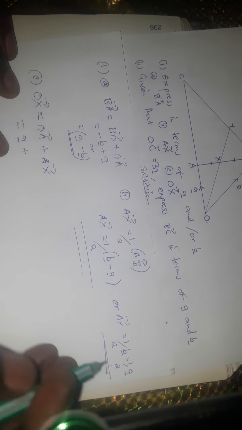So we already know what our OA is, as indicated in the diagram. OA is vector A plus our AX, which is now, we can pick any of these because they're the same. So I'll pick the last one.